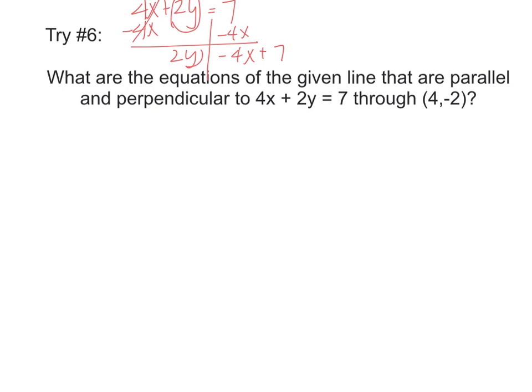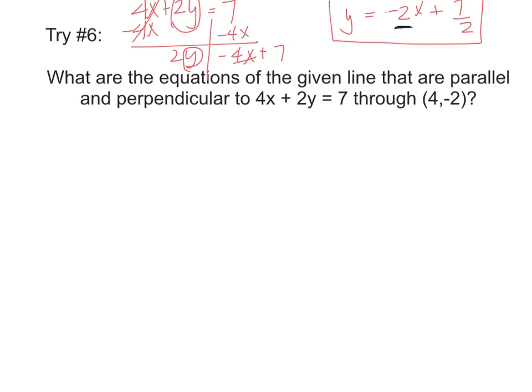Finally, to get y by itself, I divide by 2. So I will have y equals negative 4 divided by 2 is negative 2, so it's negative 2x plus 7 over 2. So this is the equation that we care about, and more specifically, this is the slope that we care about.